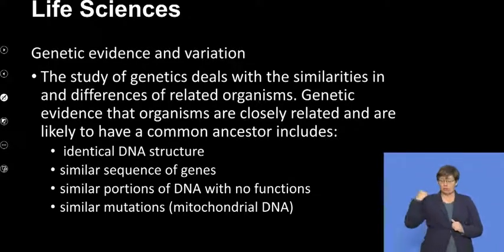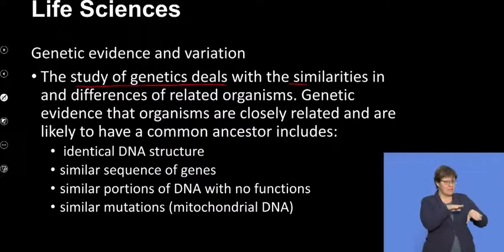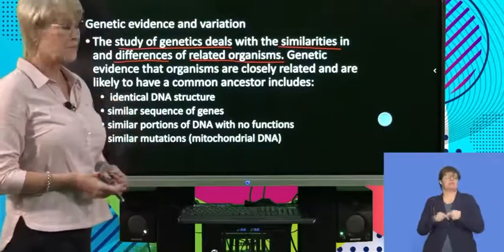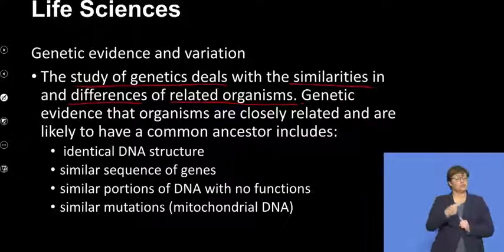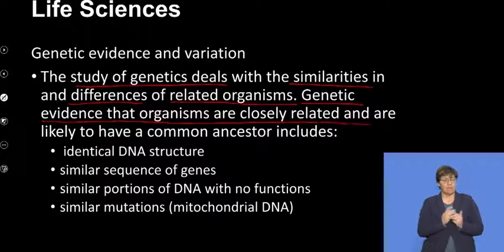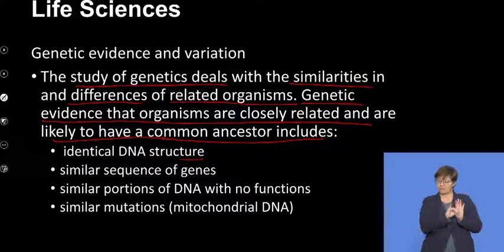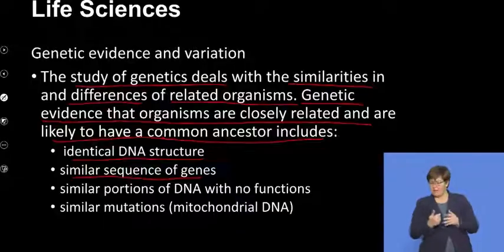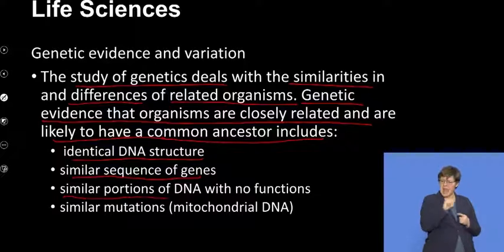The study of genetics deals with similarities and differences of related organisms. We will find that there are some characteristics that are similar, but also some that are different. Genetic evidence that organisms are closely related and likely to have a common ancestor includes identical DNA structure, a similar sequence of the genes, in other words the order in which their genes are found, and similar portions of DNA with no function.